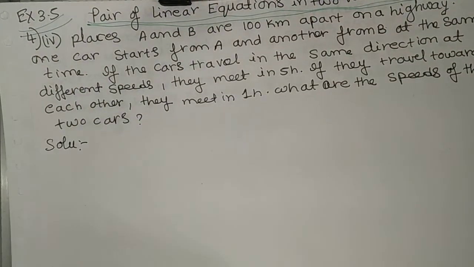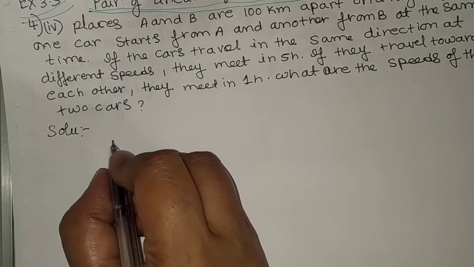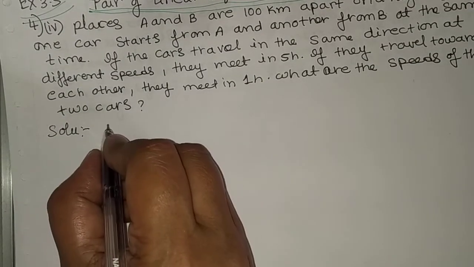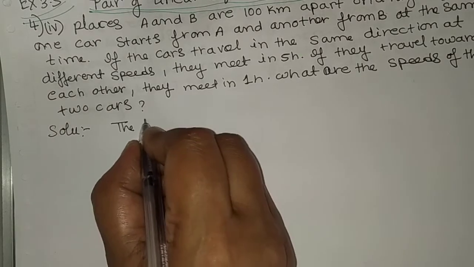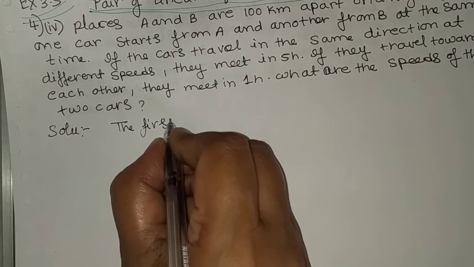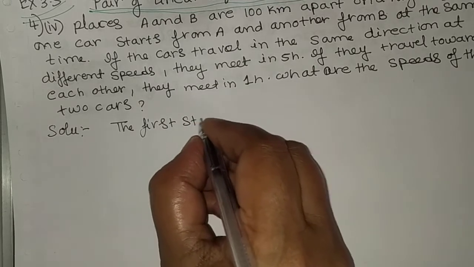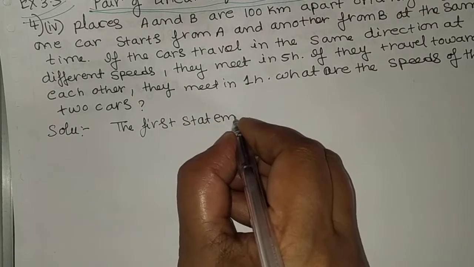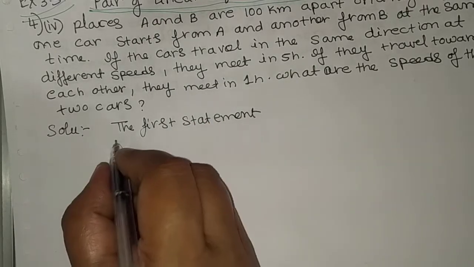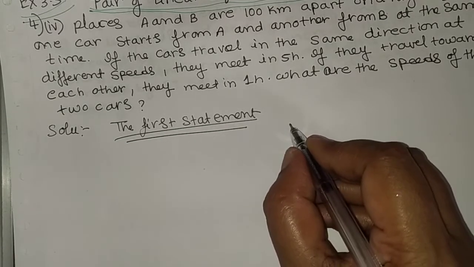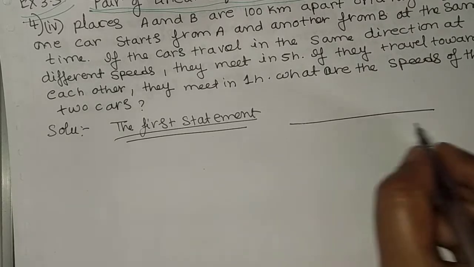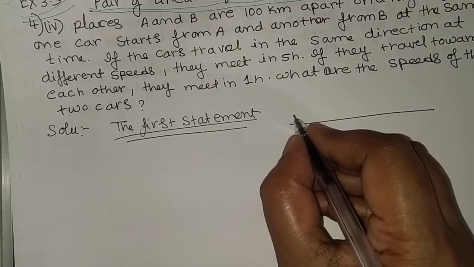So what is the solution? According to the question, we'll take the first statement. What happens is, this is a highway, and this is a car.